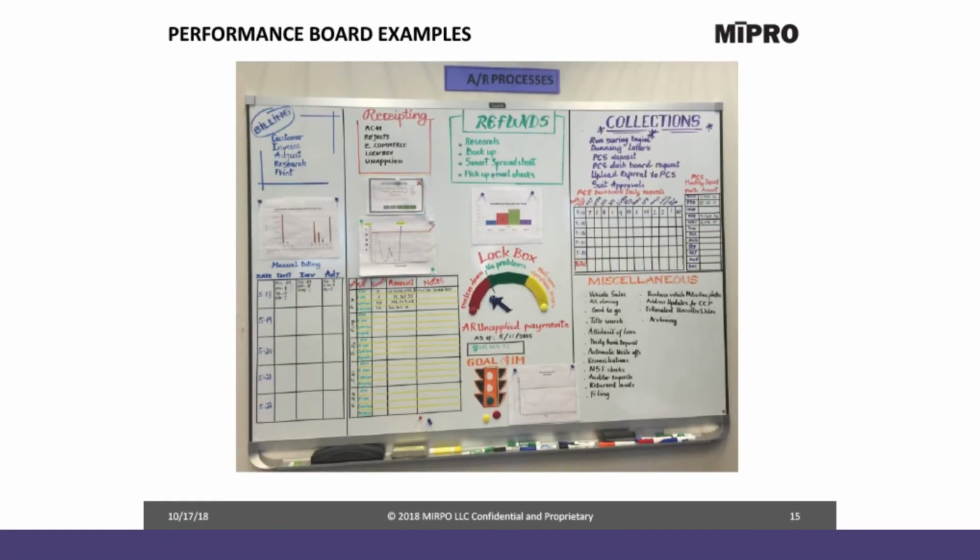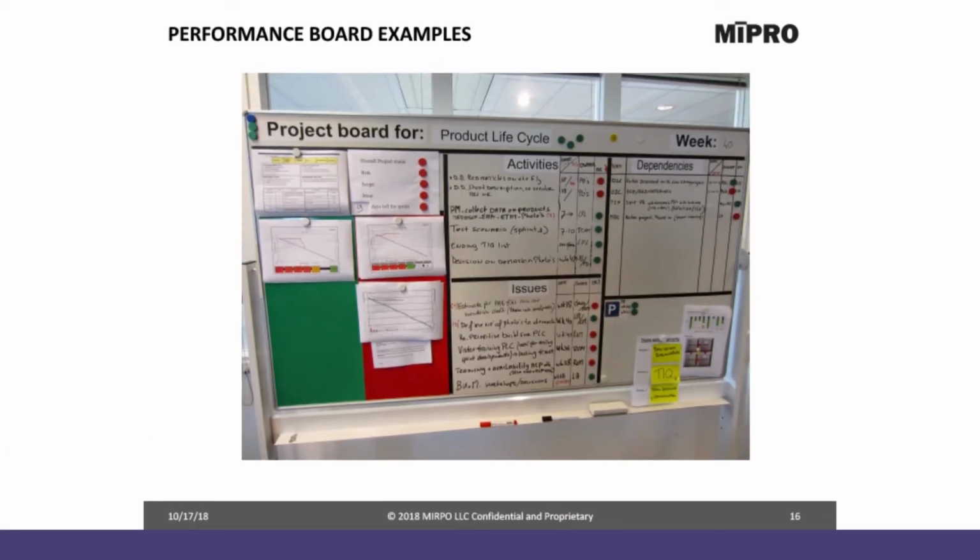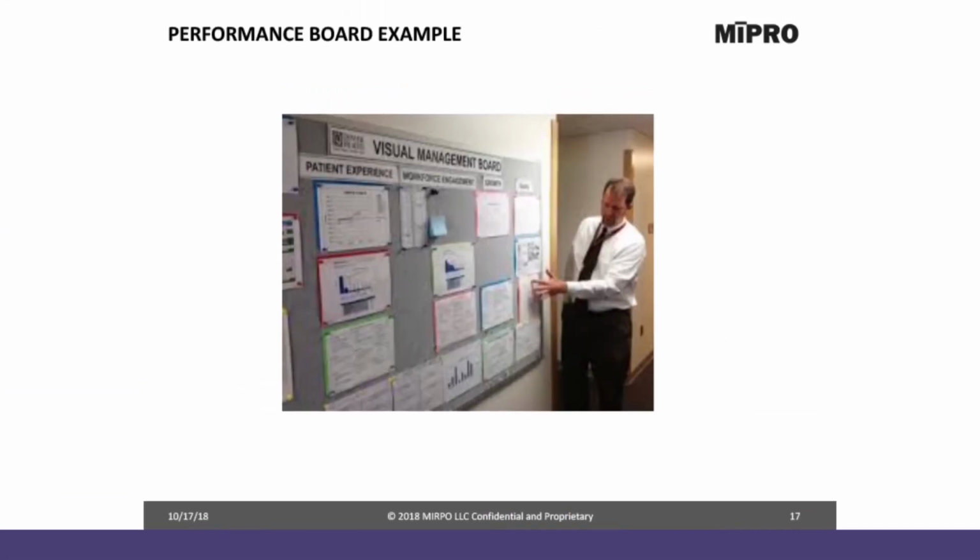Where are we in the process? Red, green, yellow. Easy to see. Stoplights are nice. We were just talking in the other room with Allison about smiley faces and frowny faces. What's red and green as it relates to how we're tracking towards results. You can see there's a variety of them there.